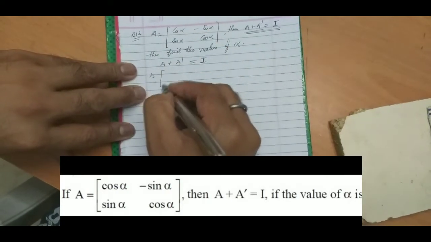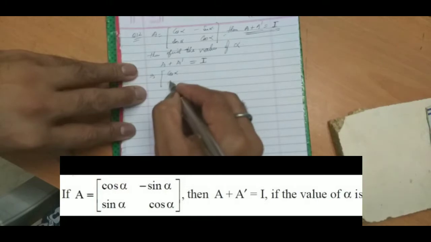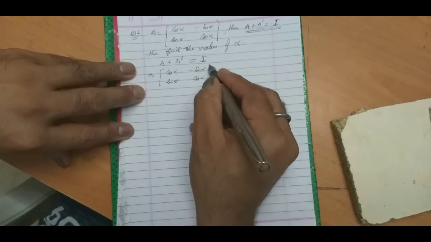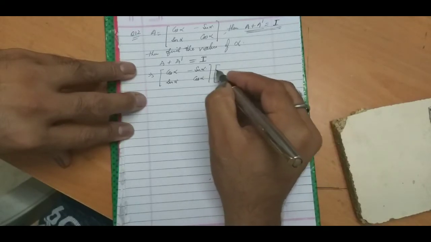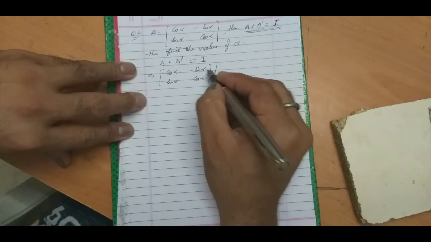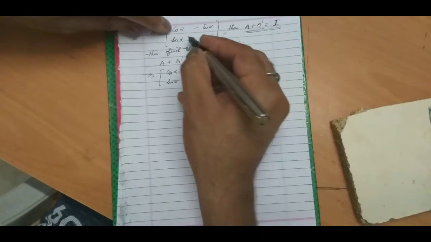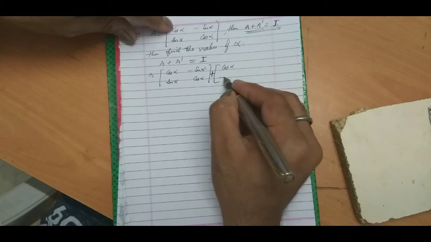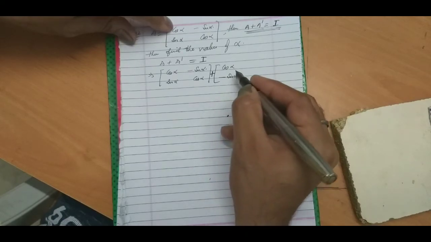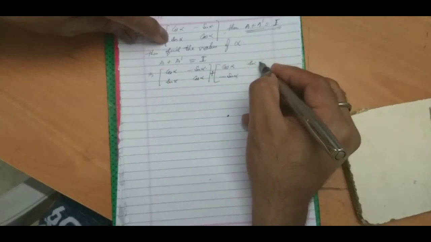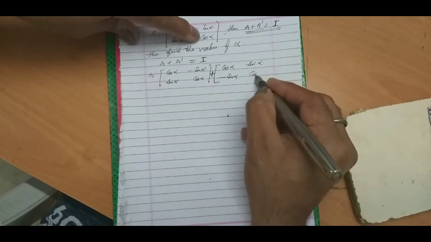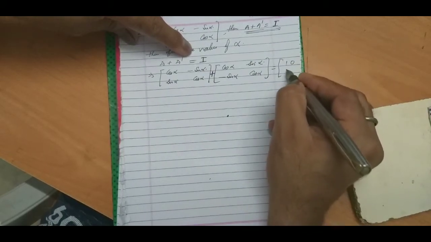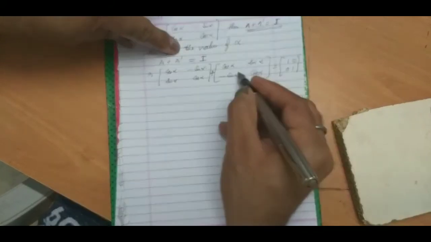A is what? Cos alpha, sin alpha, minus sin alpha, cos alpha, and then plus A dash, meaning the transpose of this matrix. So this row will become a column, cos alpha, minus sin alpha, and then cos alpha, is equal to the identity matrix, 1 0 0 1, of order 2 by 2.